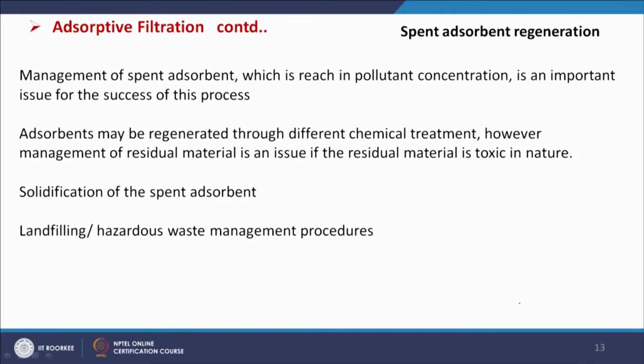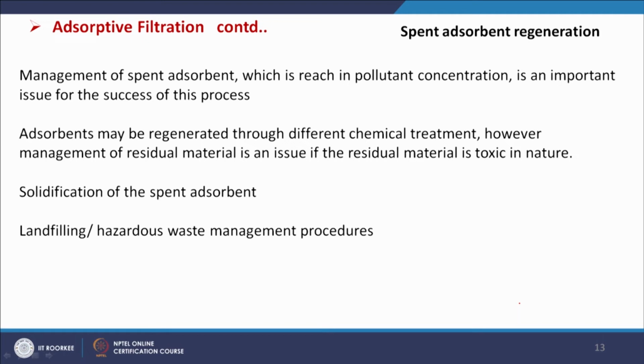Then spent adsorbent generation. After the adsorption process, all pollutants or adsorbates are adsorbed on the surface of the adsorbent. Depending upon the toxicity of the adsorbate or pollutants, the adsorbents will also be toxic, so we need to handle them very carefully.